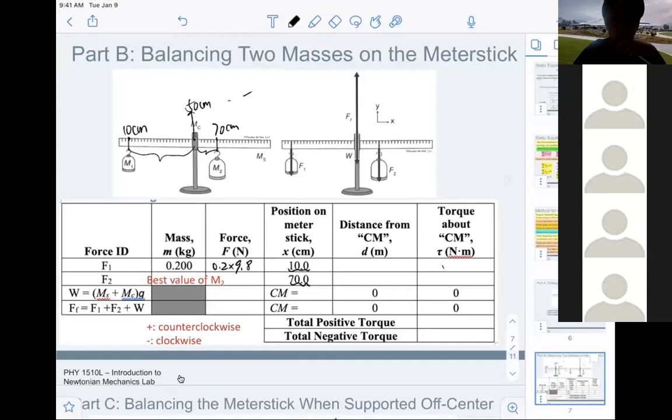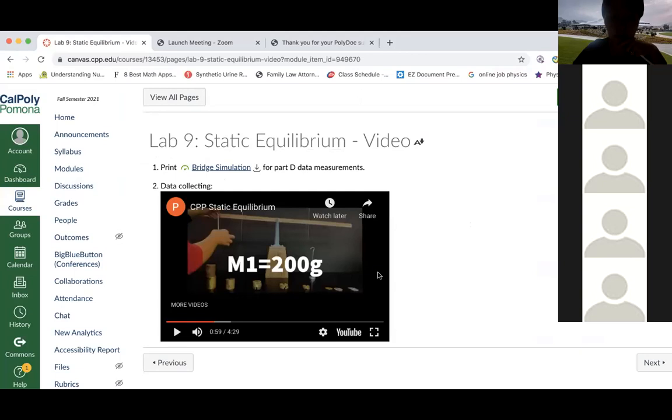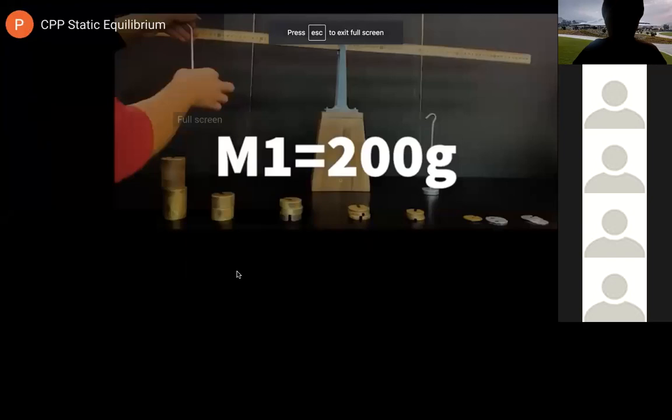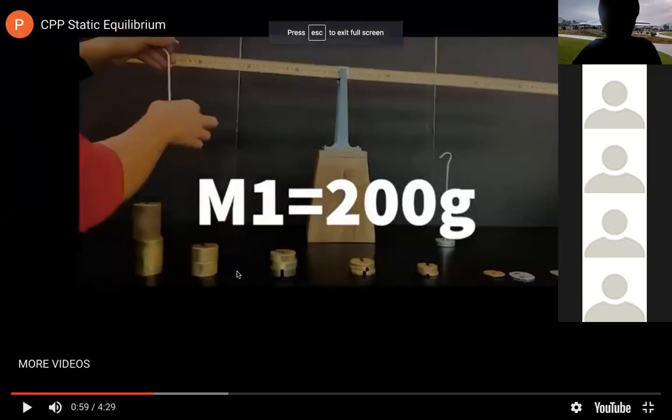We could go ahead and take a look at this particular part in our lab. Okay, so let me switch the screen share to the video and we'll take a look. So they put 200 grams at the 10 centimeter mark on the meter stick.